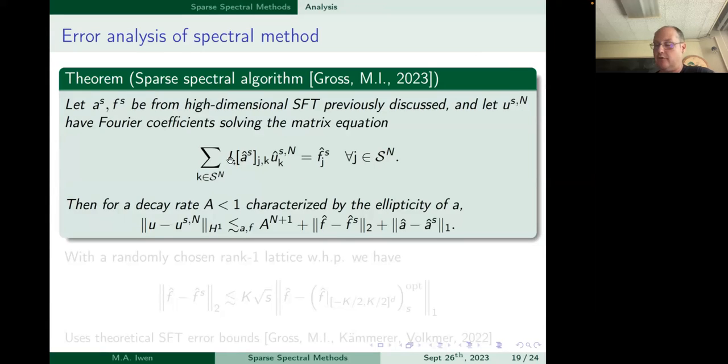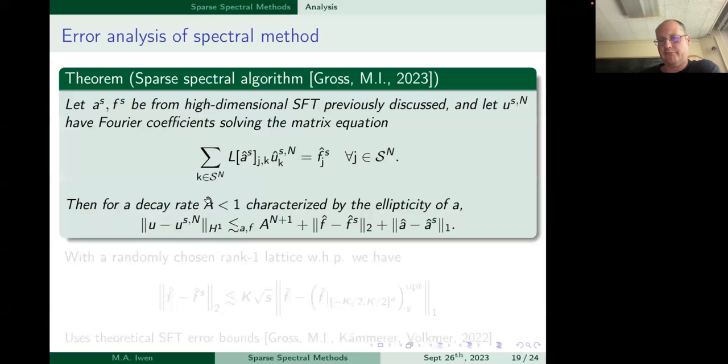Solve this now entirely well-determined linear system for your approximate solution U hat K S_N. Then the error between the solution you obtain, the trigonometric polynomial determined by these Fourier coefficients, and the true solution is going to be bounded by a term that decays exponentially in n, at least in certain situations.